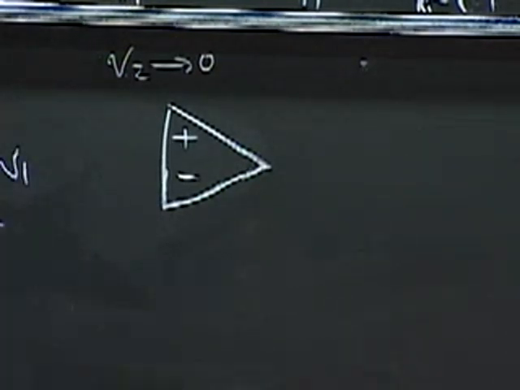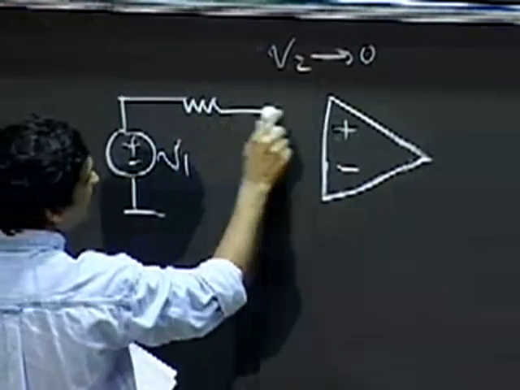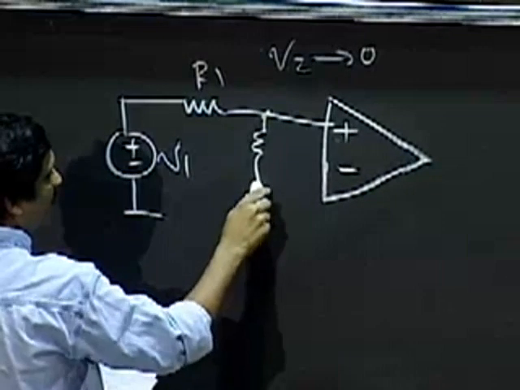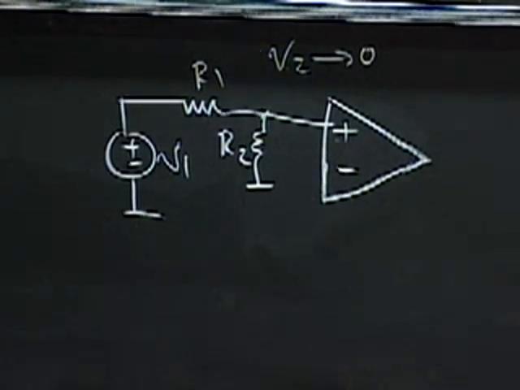This is V1 as before. And recall that V1 was going to the plus node through a resistor R1, and then I had an R2 to ground. Then let me short V2 to ground.